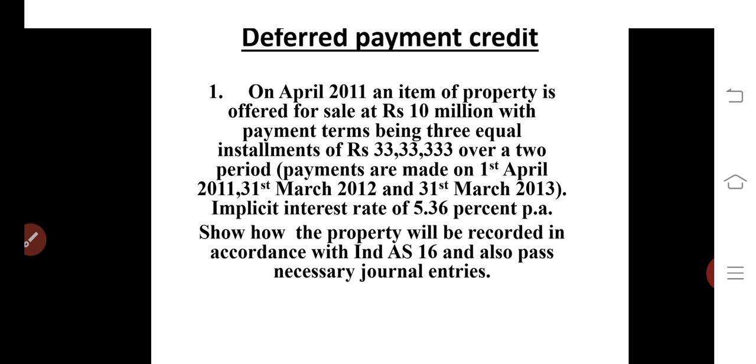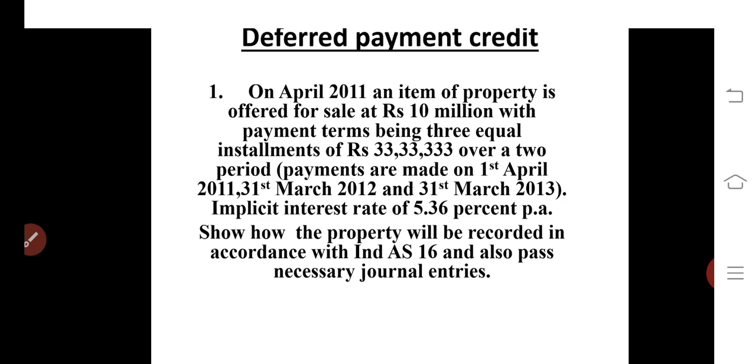So here is one illustration on Accounting Standard 16. Let us go through the illustration. In April 2011, an item of property is offered for sale at rupees 10 million. 10 million means 1 crore. The payment terms are 3 equal installments of rupees 33,33,333 over a 2 year period.